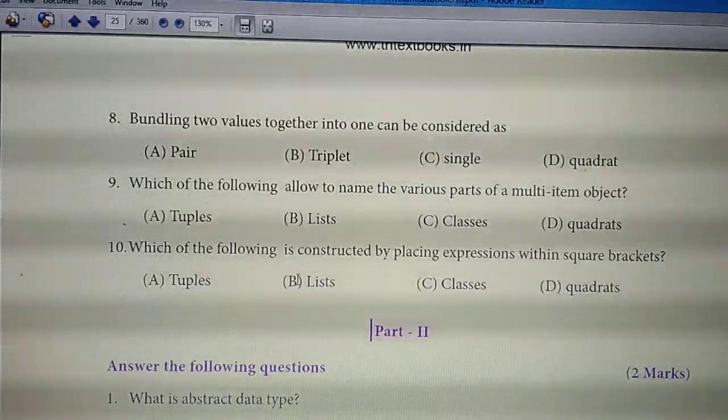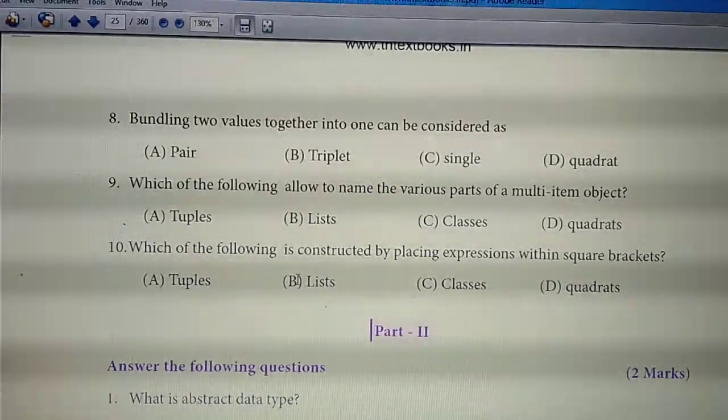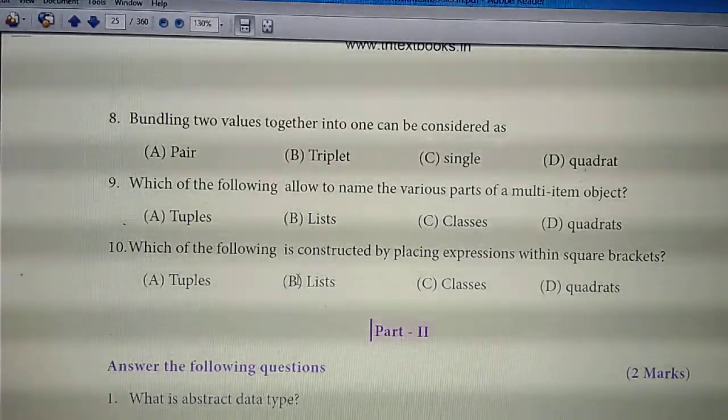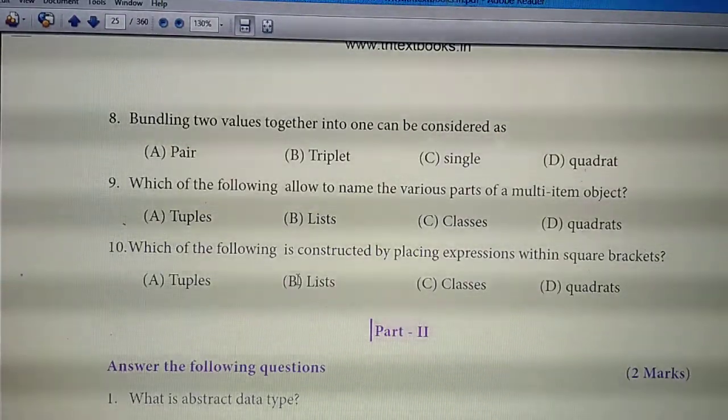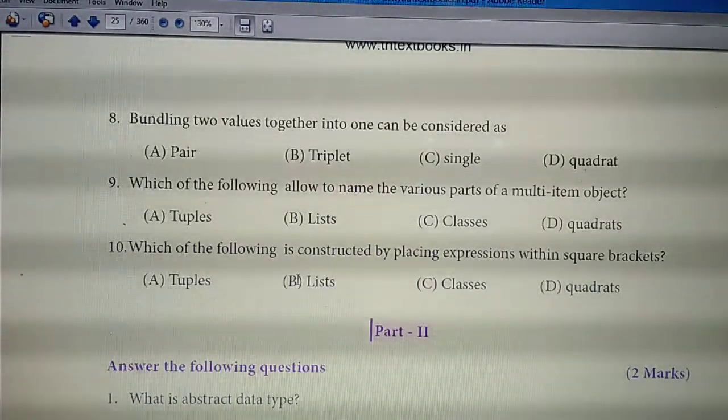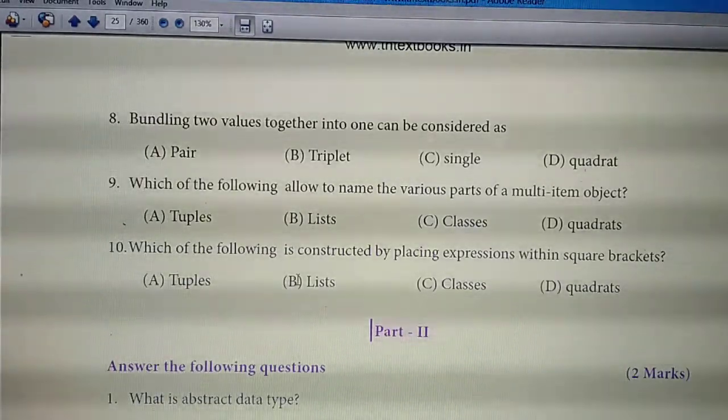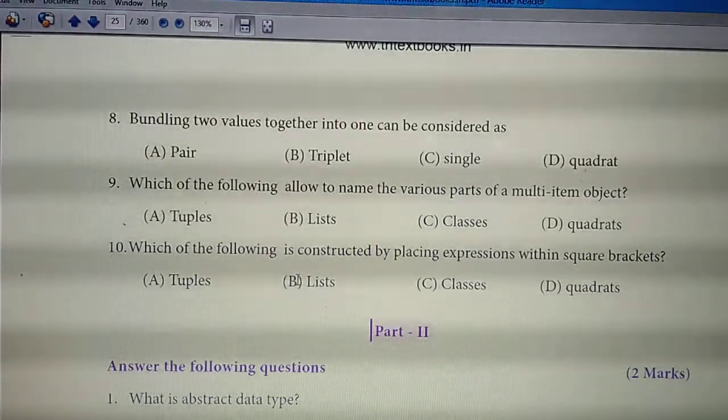Once again I am repeating the answers. Listen carefully. First question, option A, constructors. Second, option B, selectors. Third, option B, list. Fourth, option C, tuple.